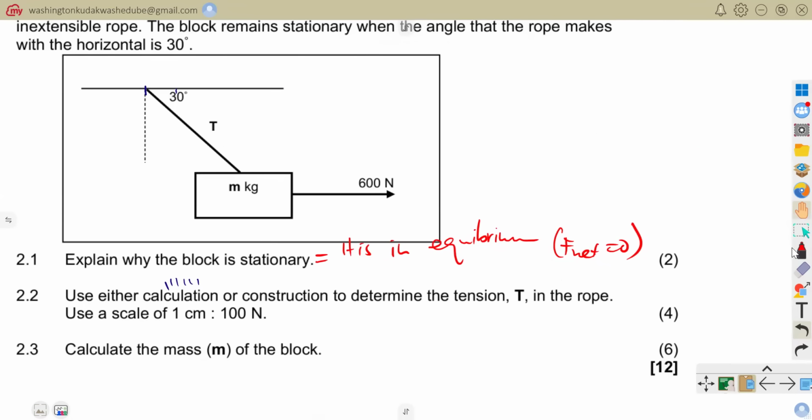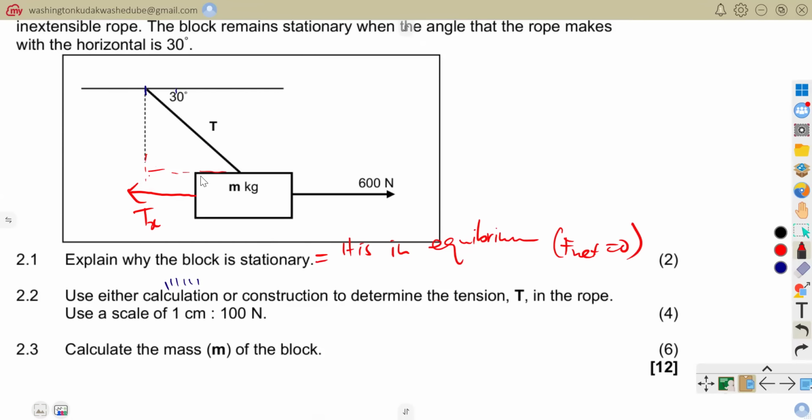Now let's say we want to calculate this tension by calculation. Here I'm going to look at the horizontal component, where I would have Tx.